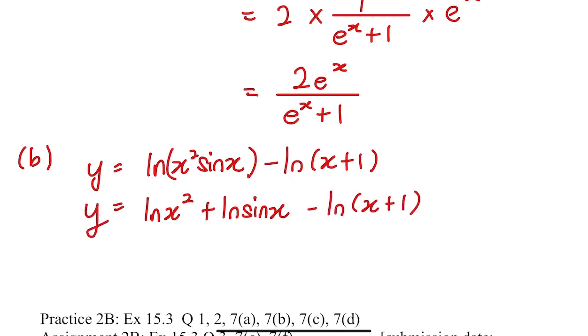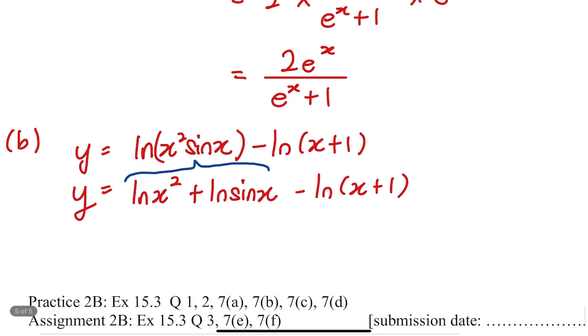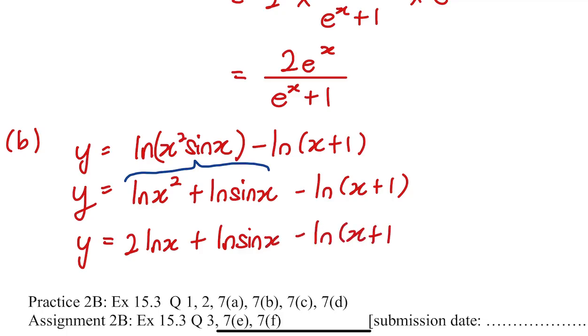So you can see that these two terms can combine to give you this using your laws of logarithm. And you can now further split this apart. This 2 here, we make your life easier. Anything with power is troublesome. This can be rewritten to 2 ln x plus ln sine x minus ln x plus 1.